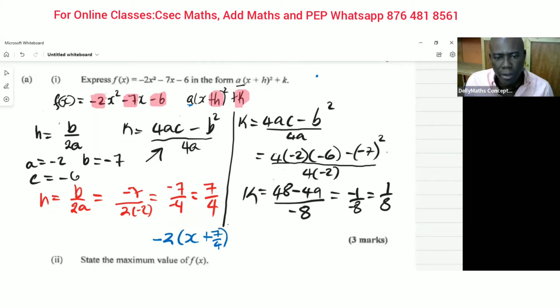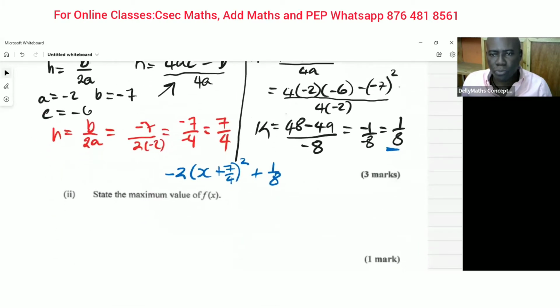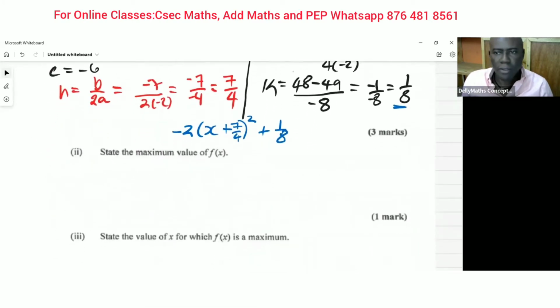There is a square here, and then the k value here, which is plus 1/8. So there it is, it's in the format. It doesn't matter how you do it, the main thing is that you need to get it out. If you can use a formula to easily get out your values, then you just work it and go. So we have completed the square for the 3 marks.